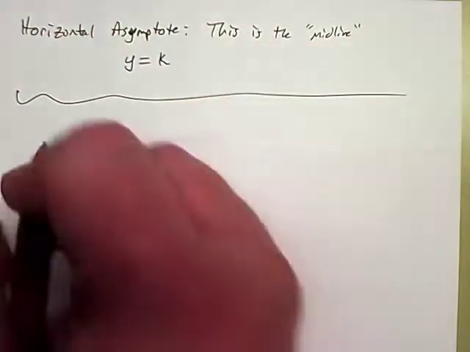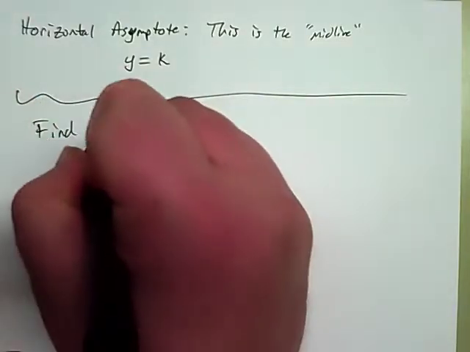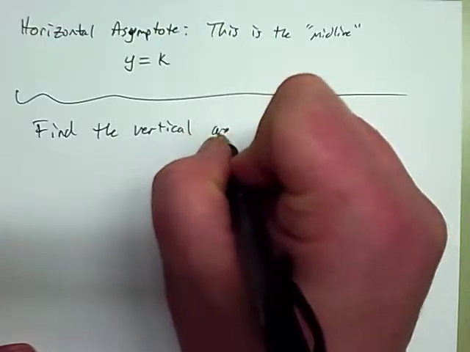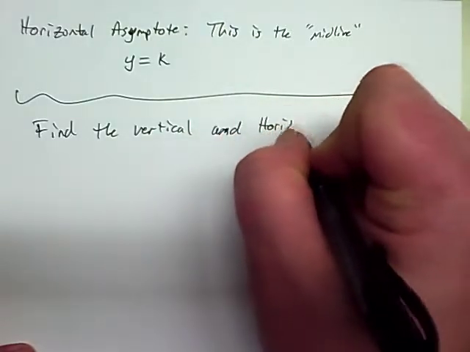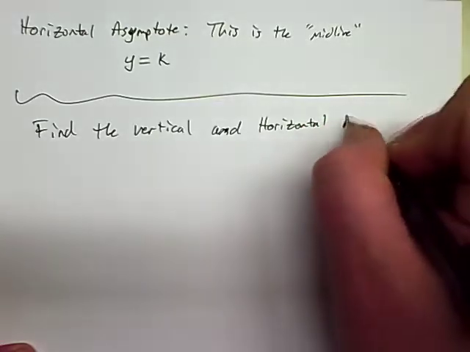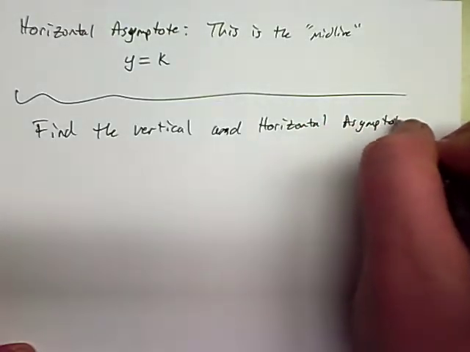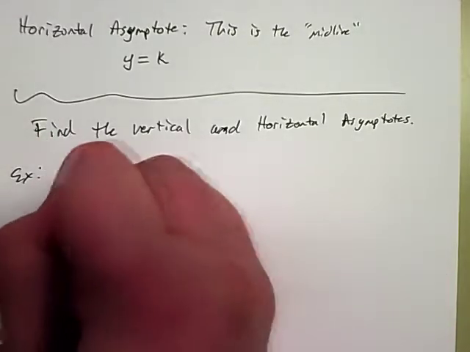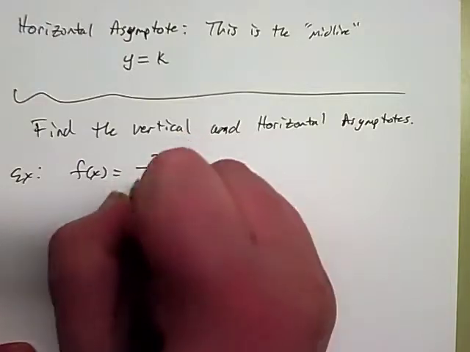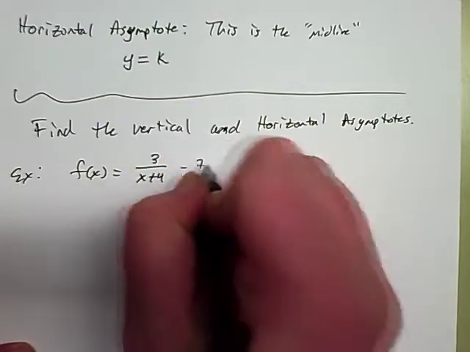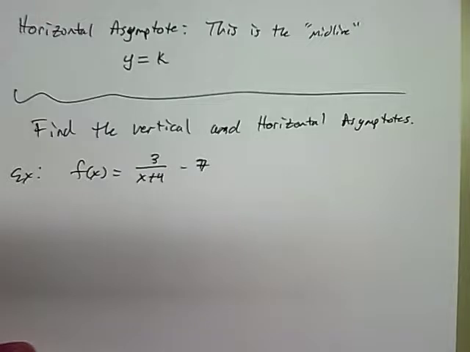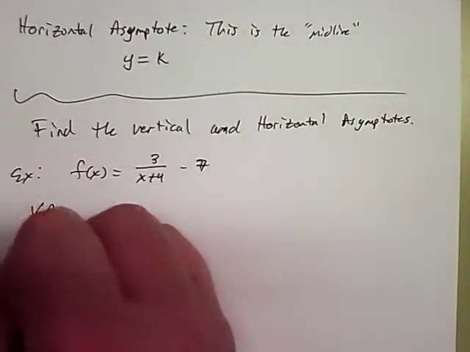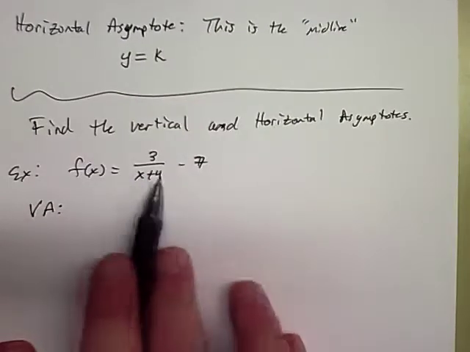Now let's do an example. Find the vertical and horizontal asymptotes. Let's take a look. If we had f of x equals 3 over x plus 4 minus 7. All right, so for my vertical asymptote, set the denominator equal to 0.